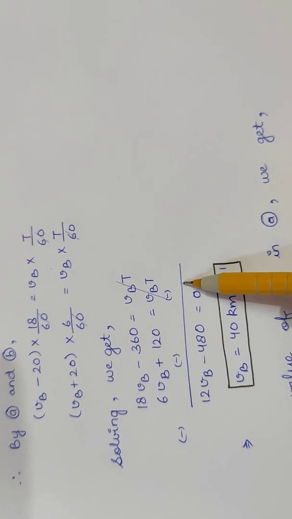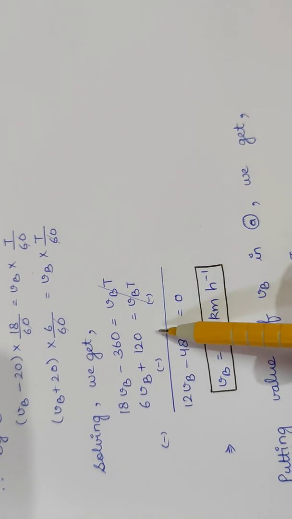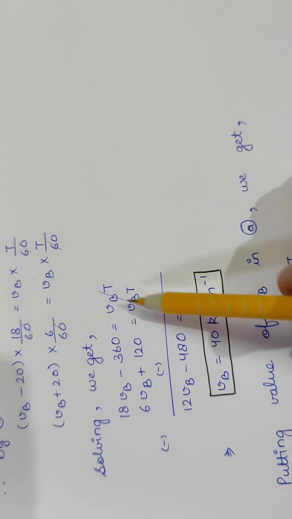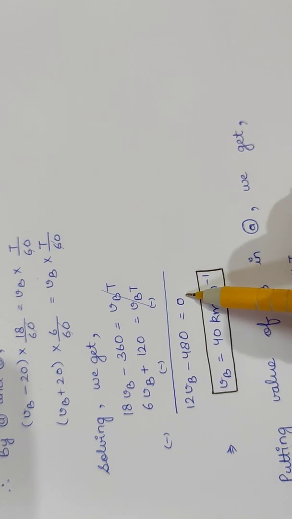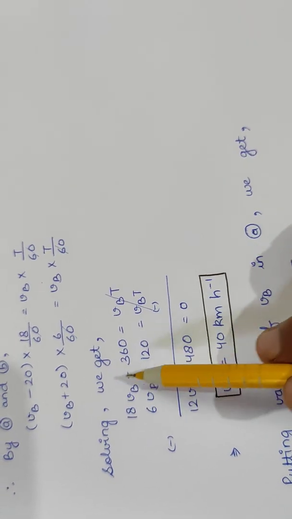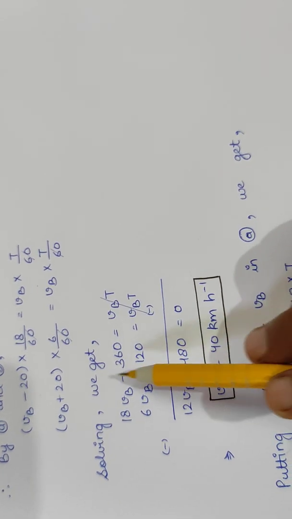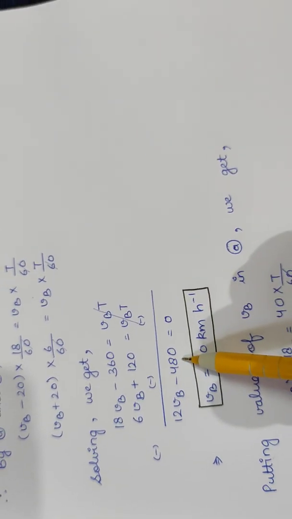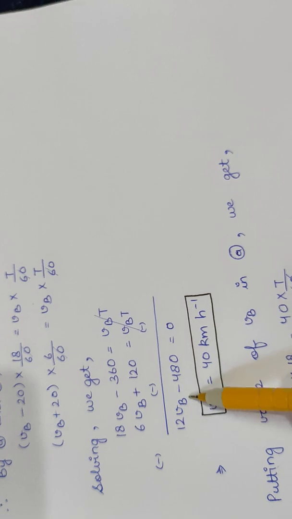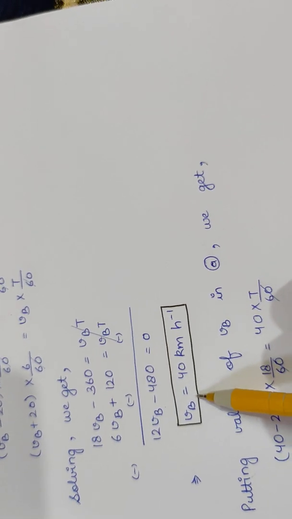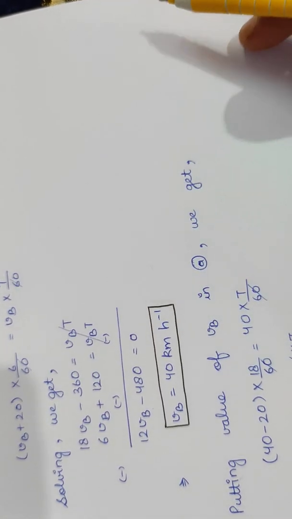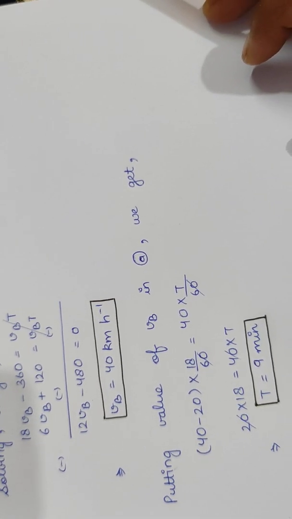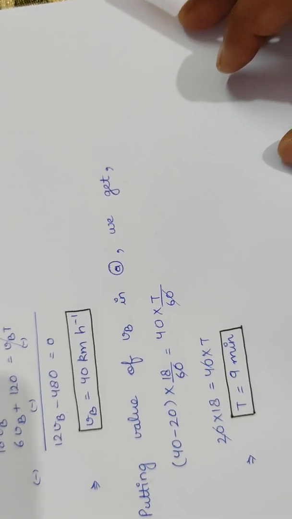If we subtract equation B from equation 1, the Vbt terms cancel out, so we get 0 on one side, and minus 360 minus 120 gives minus 480, and on the other side we get 12 Vb. On solving this further, we get Vb equals 40 km per hour. This is the speed of the buses that we had to find.